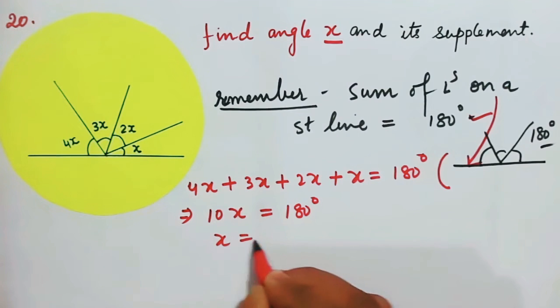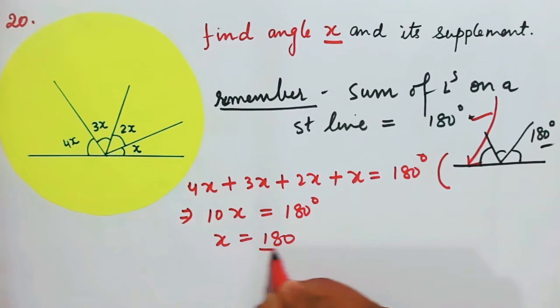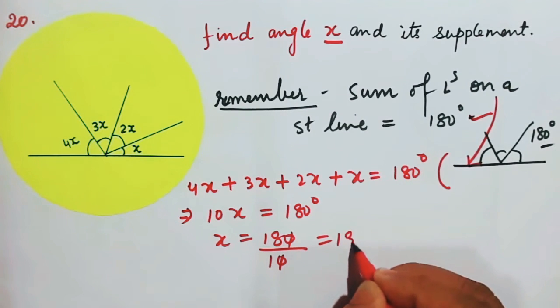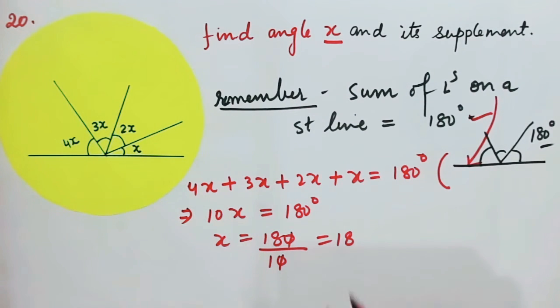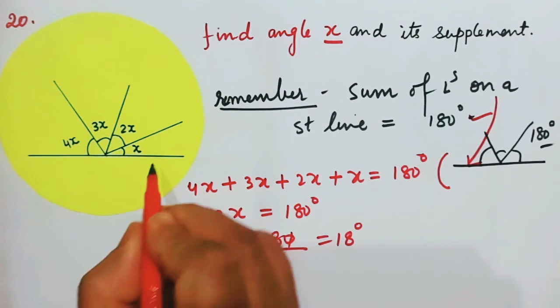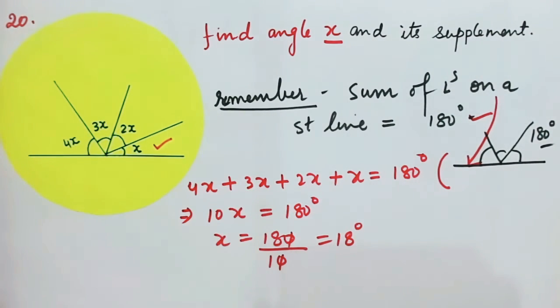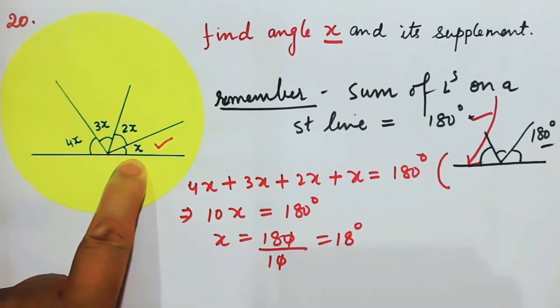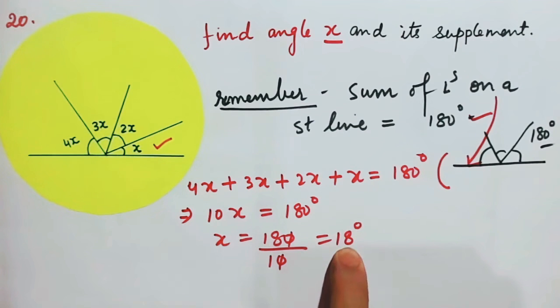Therefore, x will be equal to 180 divided by 10, which is 18. So you can mention 18 as a degree over here, because the x here simply means an angle.